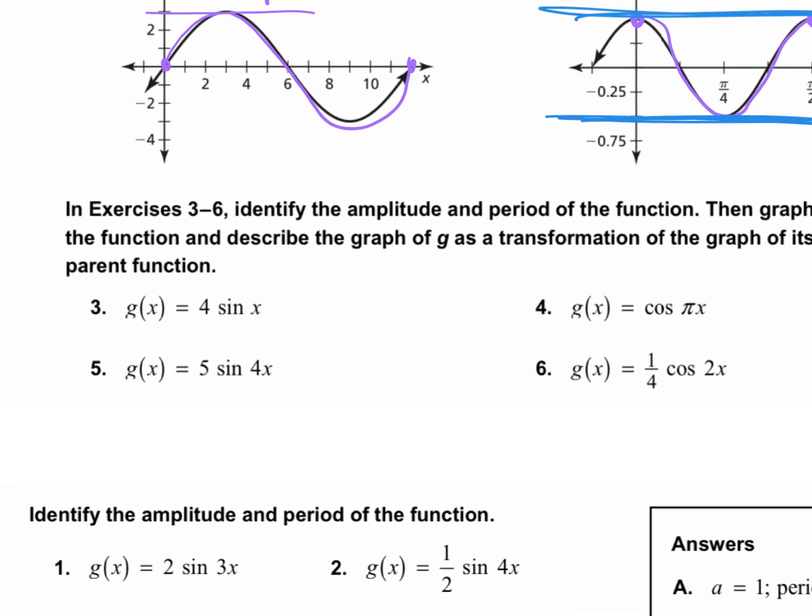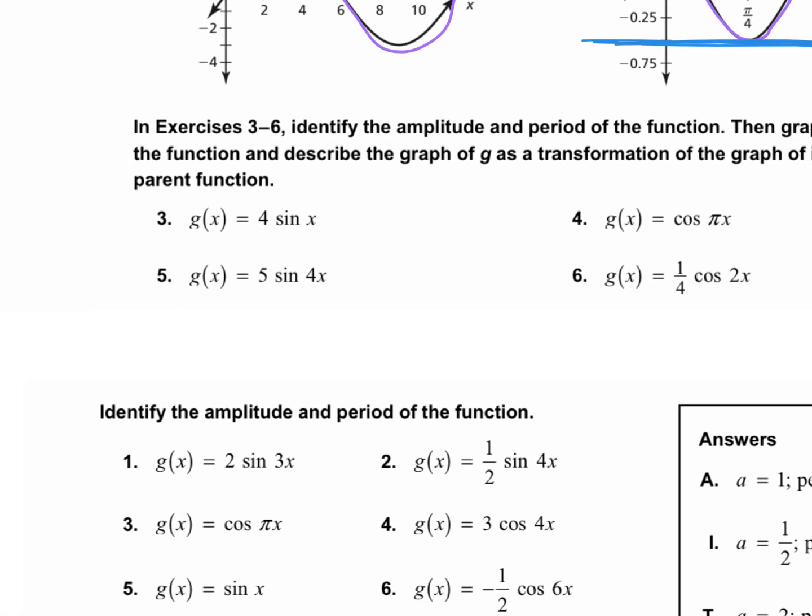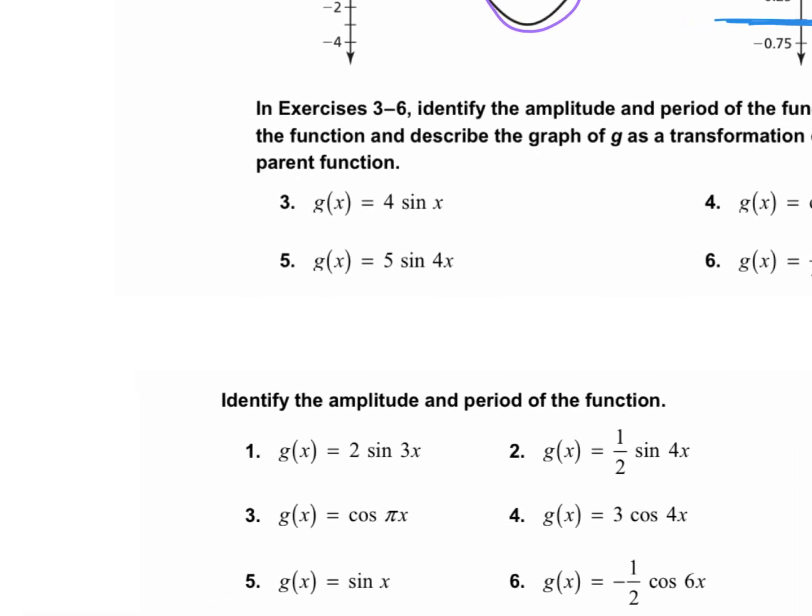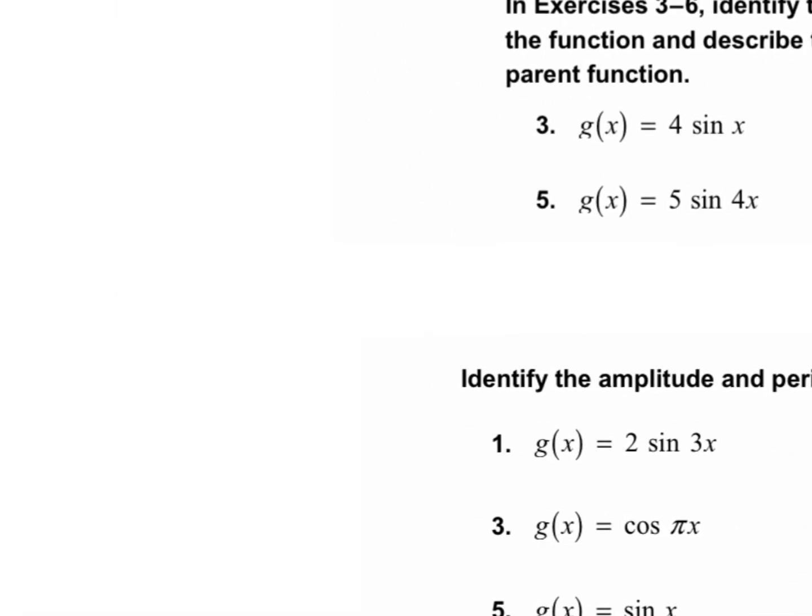So we're going to do 5 and 6. If we have time, I'll come back and do 3 and 4, but they're pretty much the same thing. For graphing sine, what's our A here, for number 5? Our A is 5. And what's our B? 4.